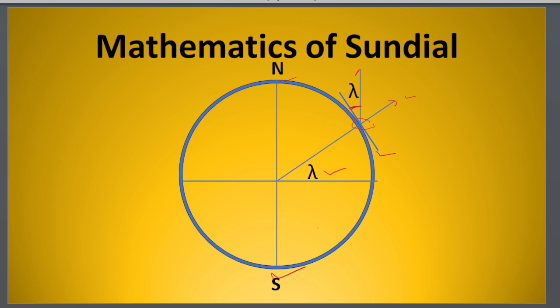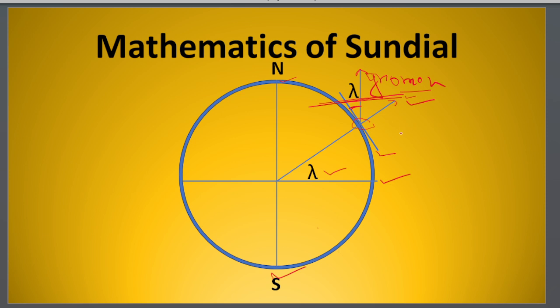So this is the stick which is parallel to the earth's axis. This axis can act as a gnomon, and this gnomon will cast the shadow over a plane that is perpendicular to the gnomon, because it needs to be parallel to the equatorial plane.